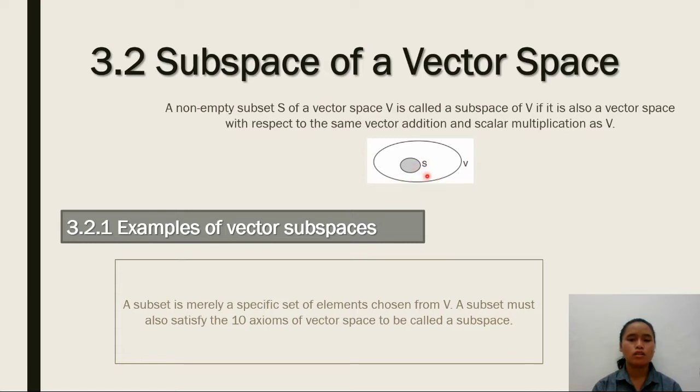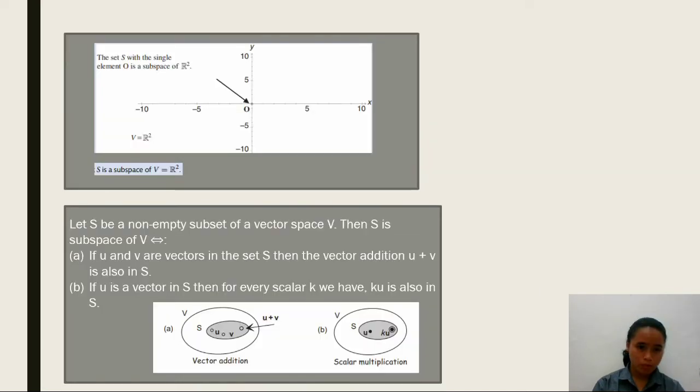If a subset S does not satisfy the 10 axioms, then this is not a subspace, right? But if a subset satisfies the 10 axioms, then we can call that a subspace of V. Okay, this is a set S. The set S with the single element 0 is a subspace of R squared, or R2.